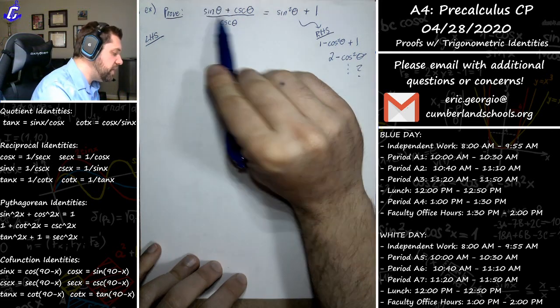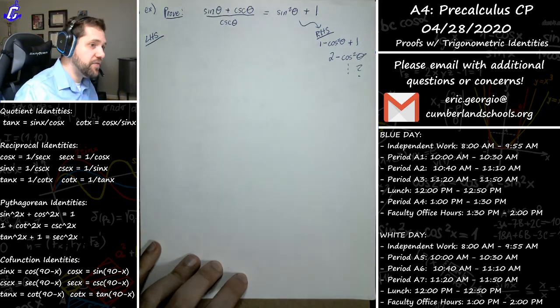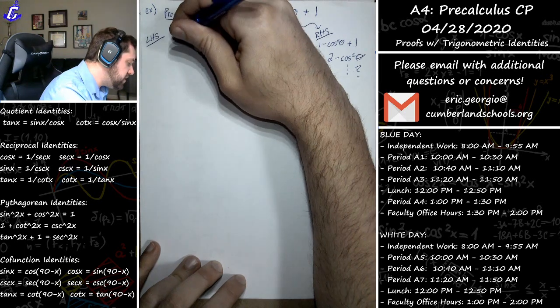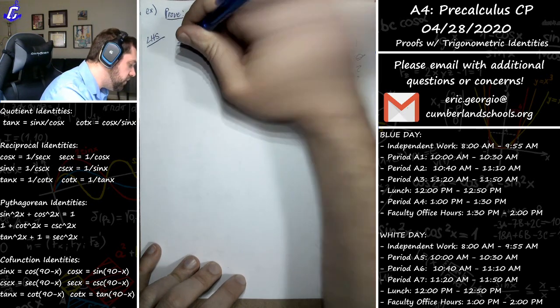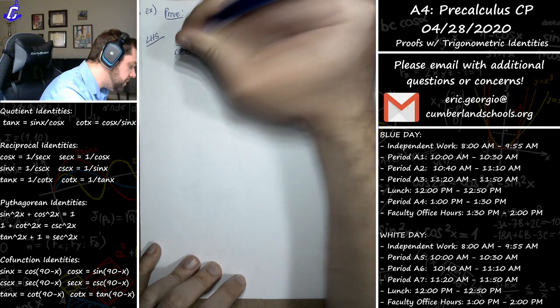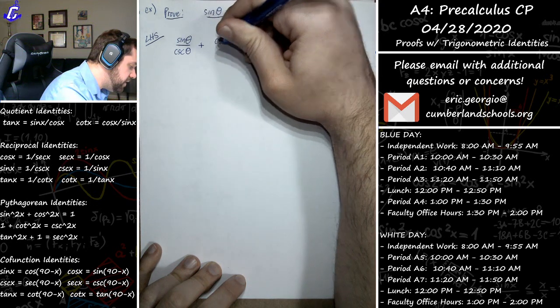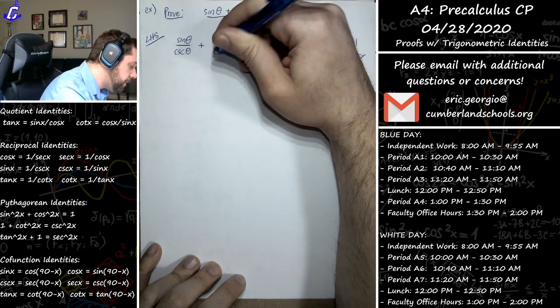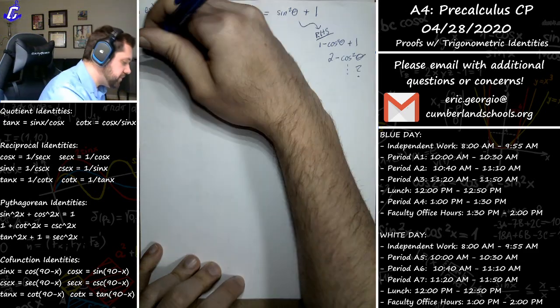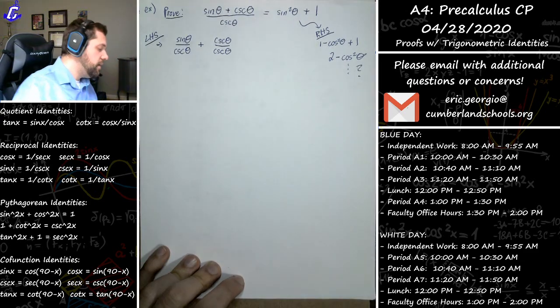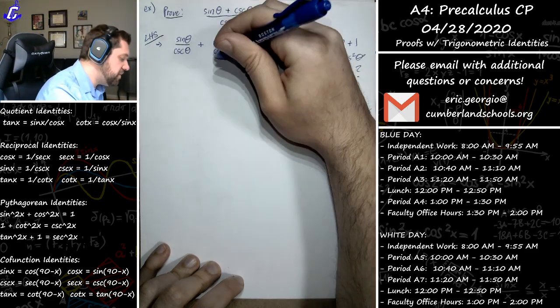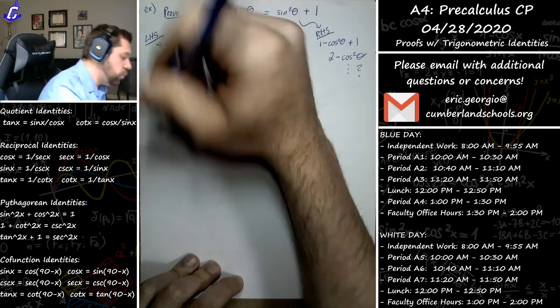What I can do is go ahead and split up this fraction. I could rewrite this fraction as sine of theta over cosecant of theta plus cosecant of theta over itself. Right, that's equivalent. Now, cosecant of theta divided by cosecant of theta is just any number divided by itself, which is 1, which is nice.